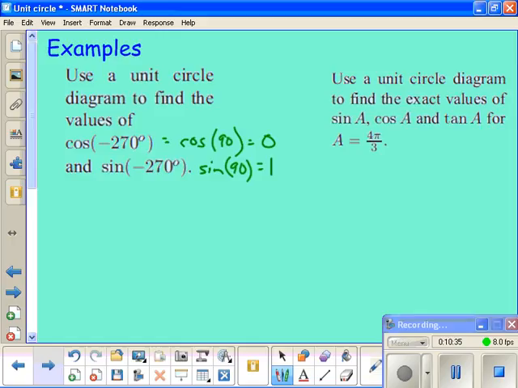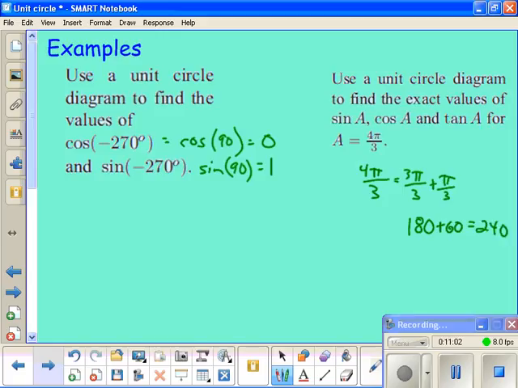All right, use a unit circle diagram to find the exact values of the sine, cosine, and tangent for when the angle is 4 pi over 3. How many degrees is that? Well, 3 pi over 3 is 1 pi, so that's 180 degrees, plus pi over 3 is another 60 degrees, so that's 240 degrees.